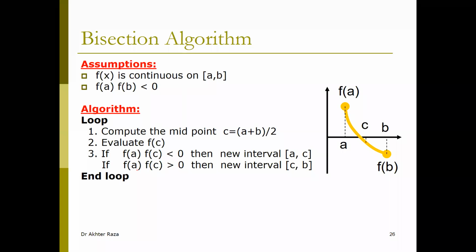If f(a) times f(c) is greater than 0, then, so these are not two ifs, that is one if with the else, then c and b will be the interval where we have to search. This algorithm will be repeated until we reach a certain number of iterations, or the error is reduced up to a certain limit. This is the procedure.